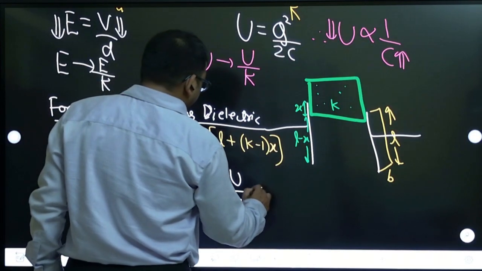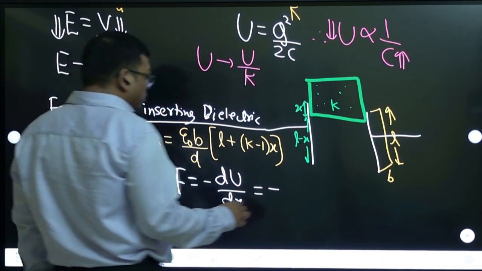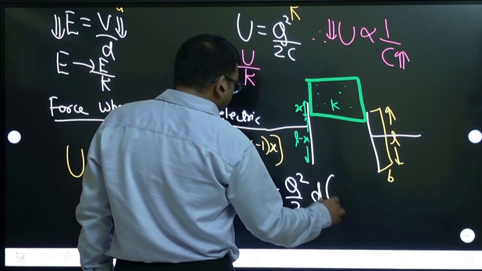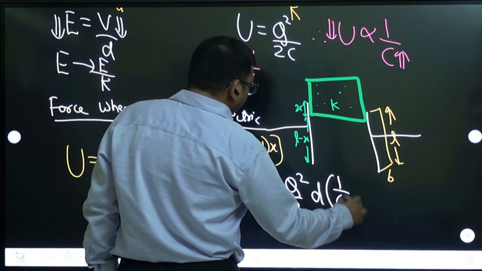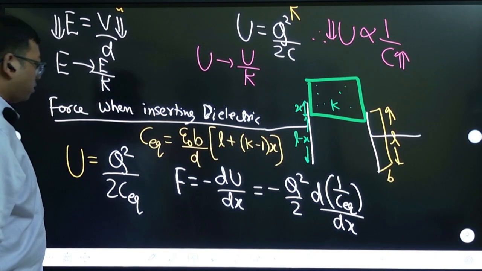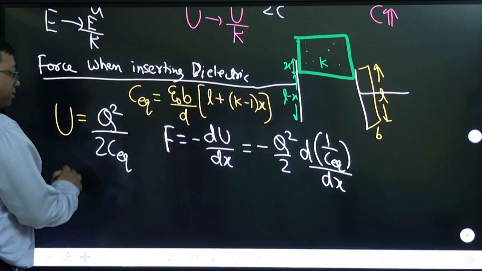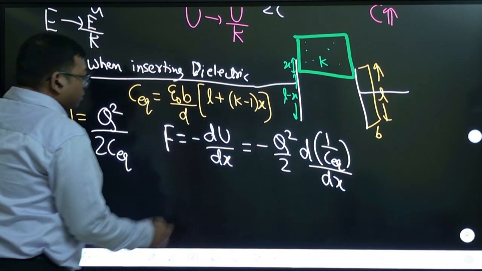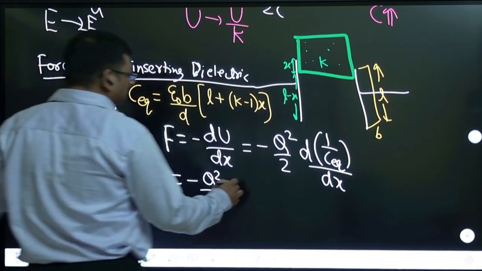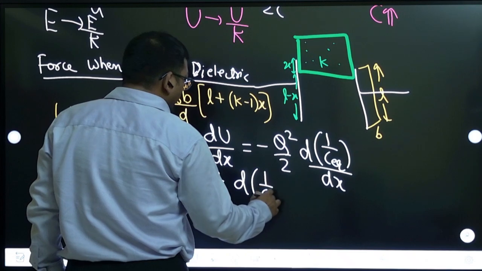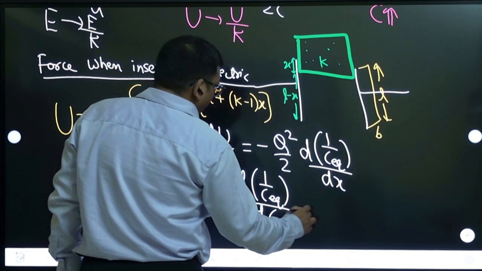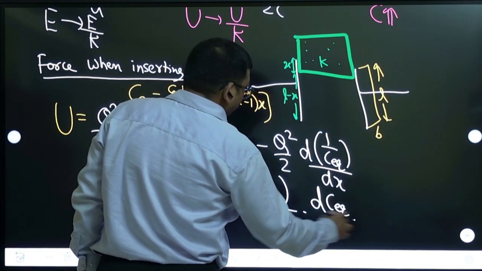While differentiating this, Q square by 2 will come out, and you have to differentiate 1 by C equivalent with respect to x. Chain rule you have to apply here. So minus Q square by 2, differentiation of 1 by C equivalent with respect to C equivalent, and differentiation of C equivalent with respect to x.